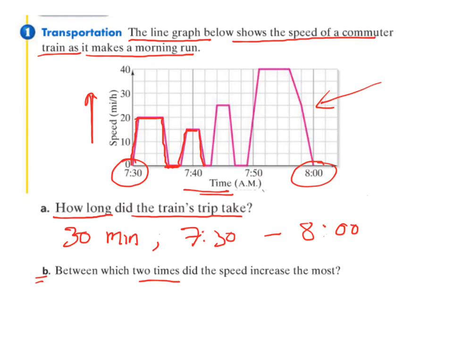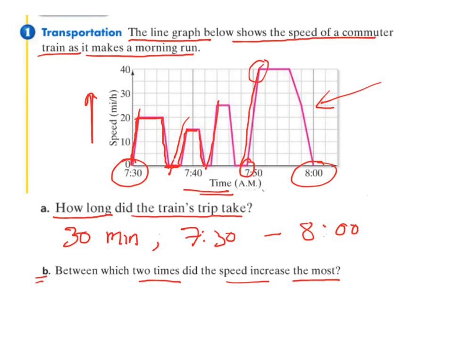Between which two times did the speed increase the most? The speed has increased over here, over here, over here, and over here. So between which two times did the speed increase the most? It increased from this point to this point.